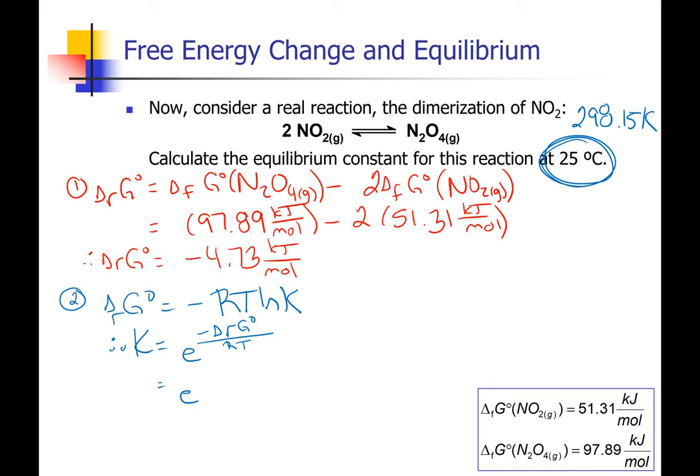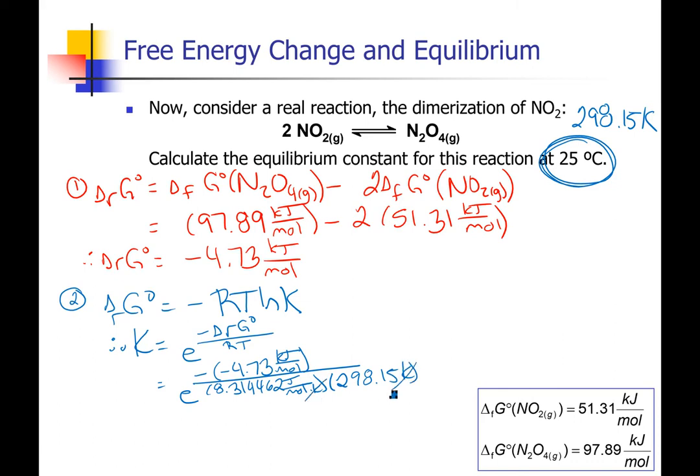So then we plug in our numbers and we get negative 4.73 kilojoules per mole divided by 8.314462 joules per mole Kelvin times 298.15 Kelvin.